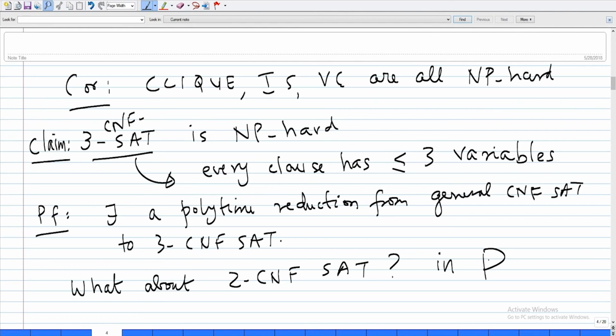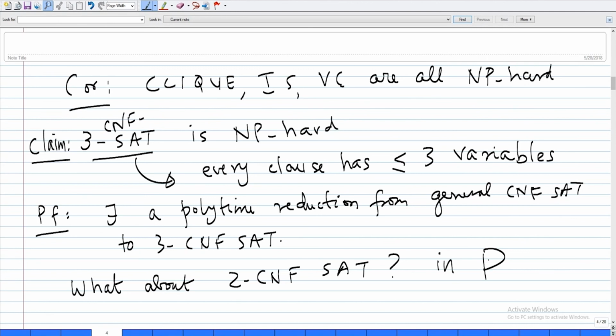If you have at most 2 variables in a clause and you want to do this CNF SAT, there are a number of algorithms, for example, including directed reachability. You can convert it into a graph, translate it into some sort of graph problem, and solve it in polynomial time.